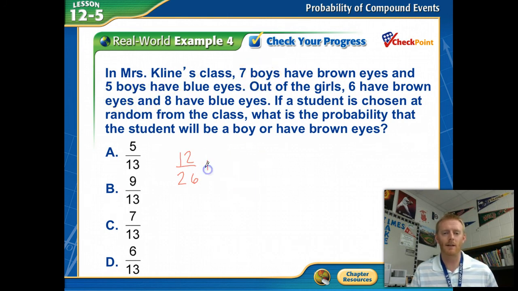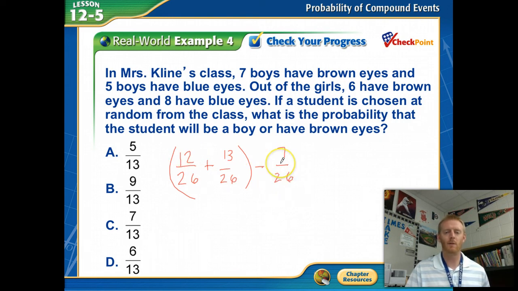And then we're going to add to it having brown eyes. So there's 7 boys, 6 girls. That's 13 of them that have brown eyes. And then we are going to subtract being a boy with brown eyes, which is the 7 out of that same 26. So we do the math here, and we get ourselves 9/13.